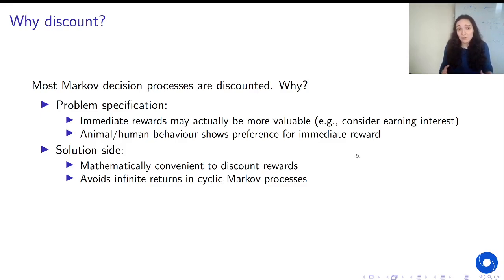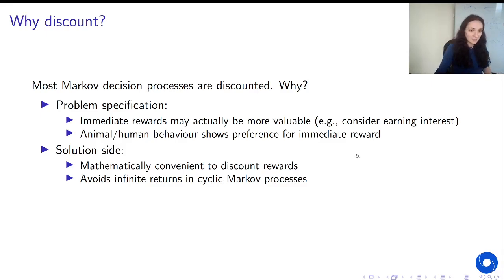So sometimes even when we're interested in an undiscounted version or almost undiscounted version, it is mathematically convenient to go for the discounted reward case. And this also avoids the infinite return that we can get in cyclic Markov models. So if the horizon is infinite, the undiscounted return might not be bounded.